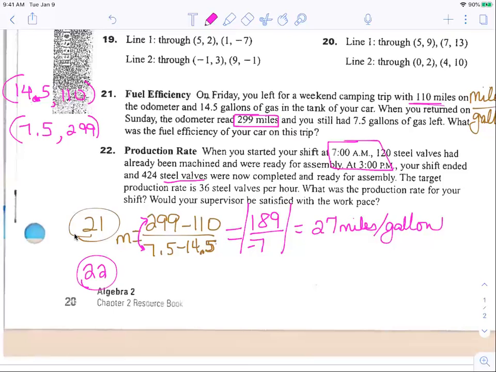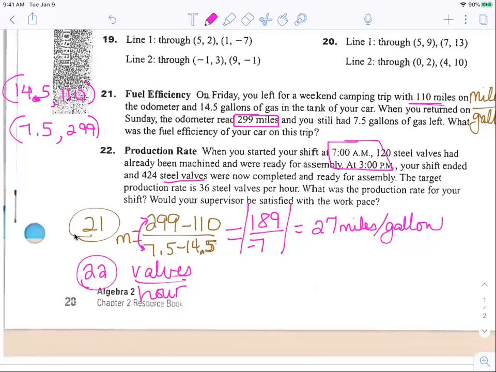So a rate is something per something: miles per gallon, or in this case, valves per hour. That might help you think about what goes on the top of the fraction and what goes on the bottom. A lot of people said they had their fraction flipped. Well, your fraction was probably flipped because you didn't have the production rate or the efficiency rate written correctly.